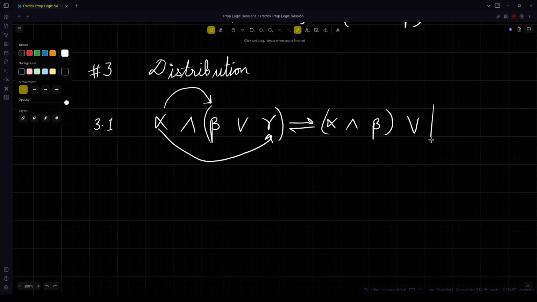This is going to be separated with a disjunction, and then you have alpha and gamma. Does it make sense now? Like the word distribution, you're distributing this inside the bracket. So you're splitting up alpha. Yes, you're distributing alpha to each of the disjuncts. So you're giving the alpha to beta, and you're also giving the alpha to gamma.